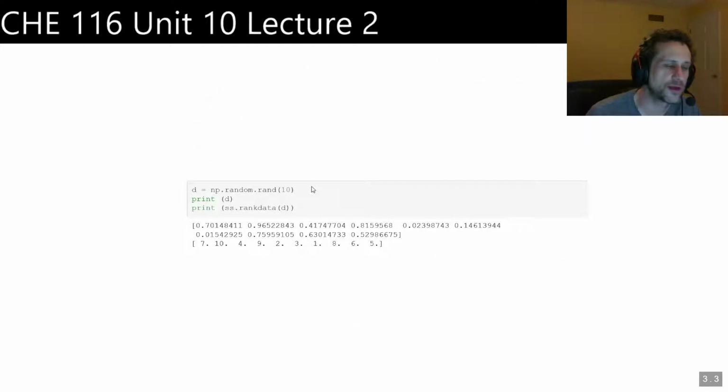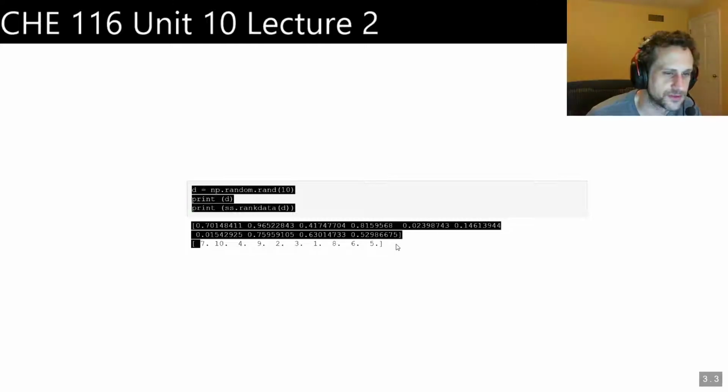We're not going to get into the nitty-gritty details, but one of the fundamental ways that non-parametric methods work is that they convert all data to ranks. So if you have some random continuous numbers, they're converted to ranks.